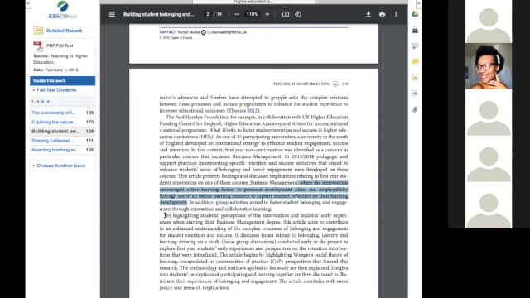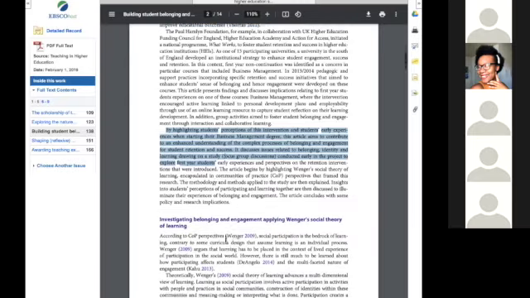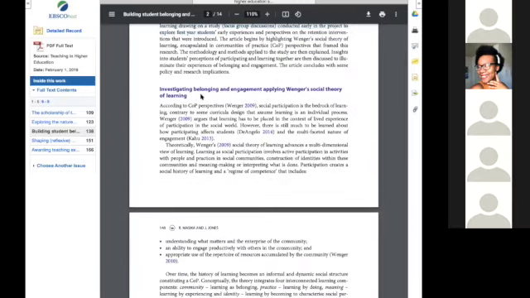"By highlighting students' perceptions of this intervention and students' early experiences when starting their business management degree, this article aims to contribute to an enhanced understanding of the complex processes of belonging and engagement," and so on. Okay, this is saying that there is stuff that I might be able to use. So let's start jumping around.